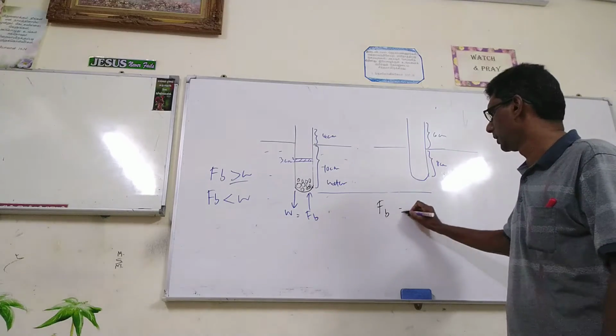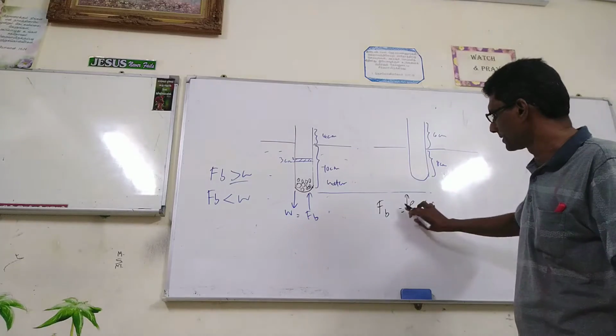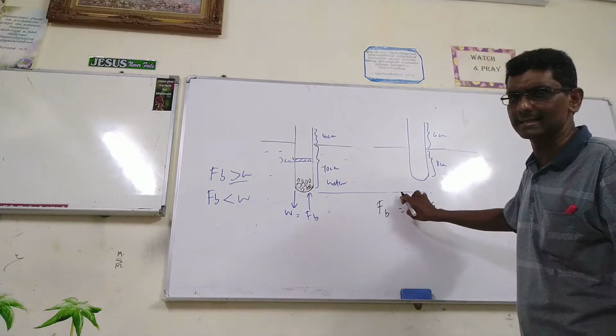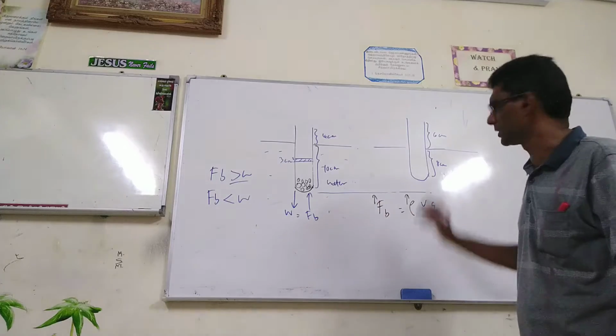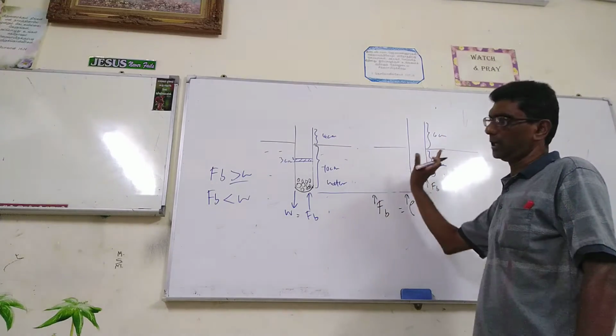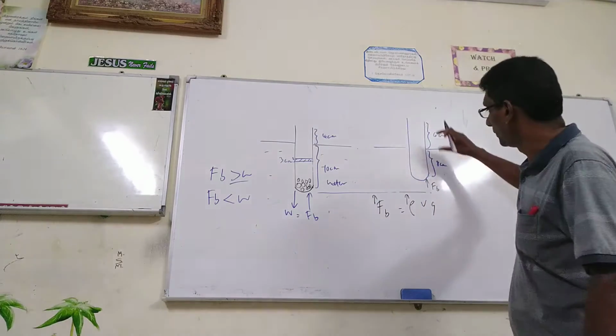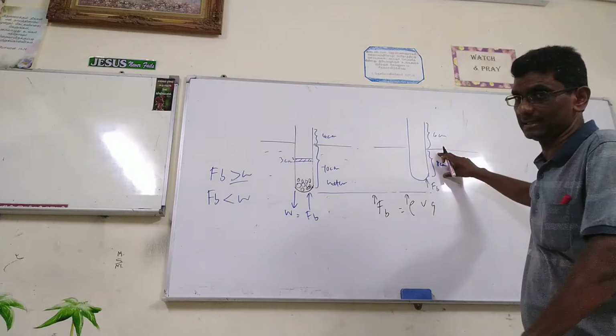Buoyant force equals rho Vg. When the rho, the density, increases, the buoyant force also increases. So the buoyant force pushes up the glass tube, so it floats higher, or the depth of the glass tube is lesser.